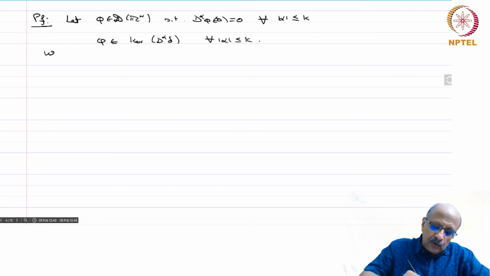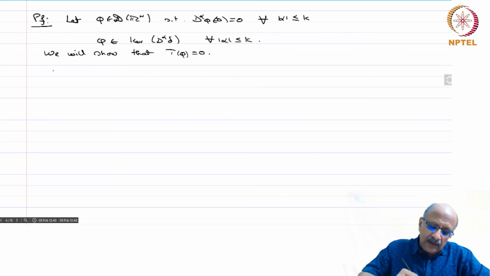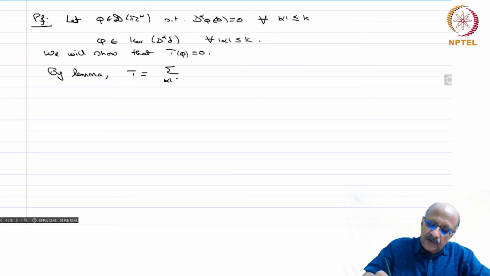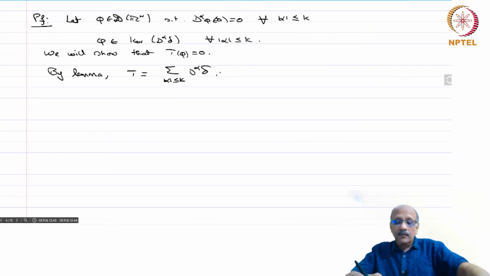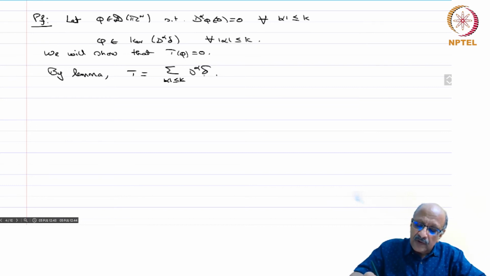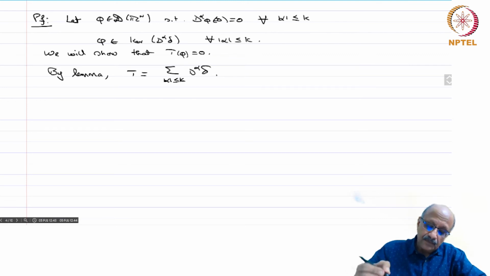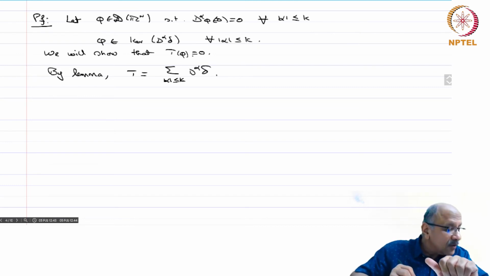Okay, so we will show that T phi equals 0. Then by the lemma, T equals the sum over mod alpha less than or equal to k of C alpha D alpha delta. Alpha equal to 0 corresponds to just delta. Okay, so that will prove the theorem. So it is enough to show that T of phi equals 0.